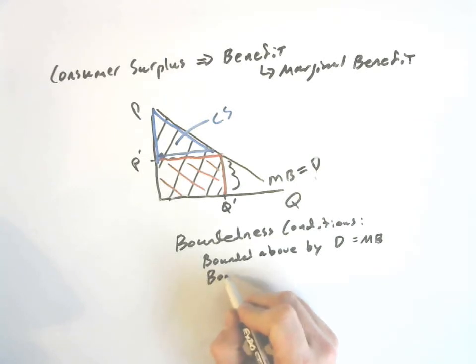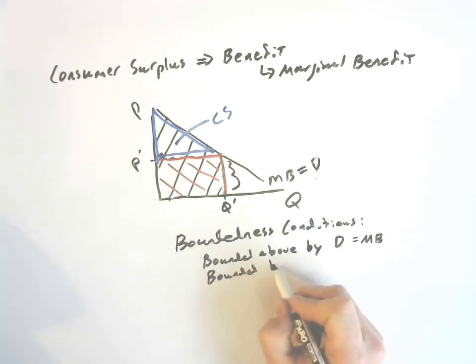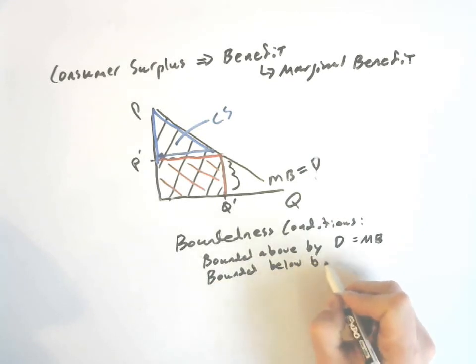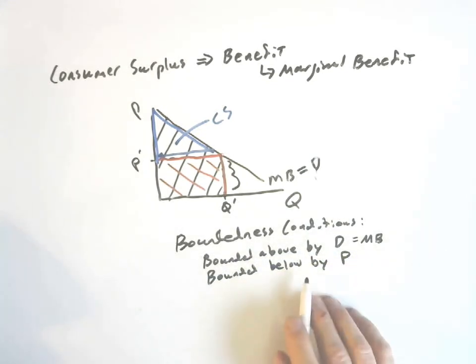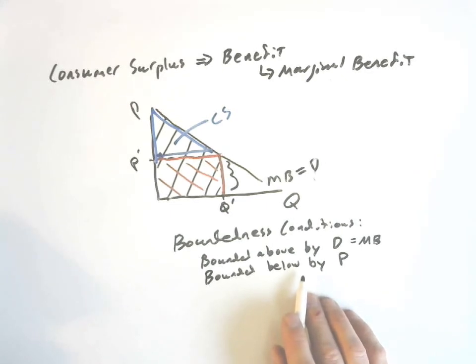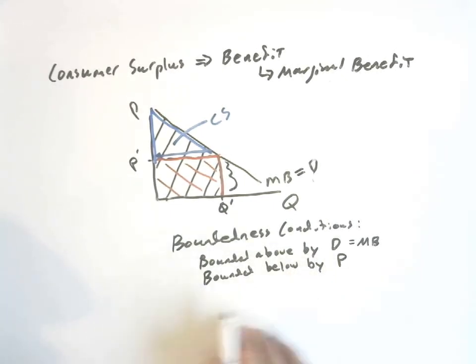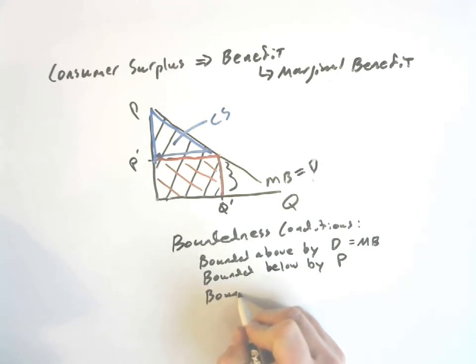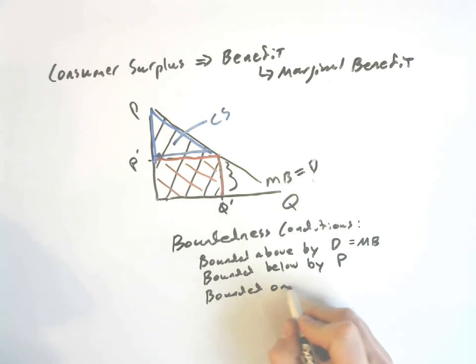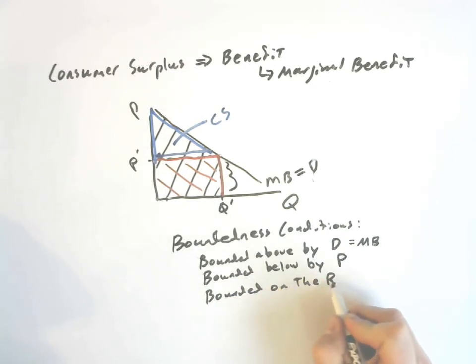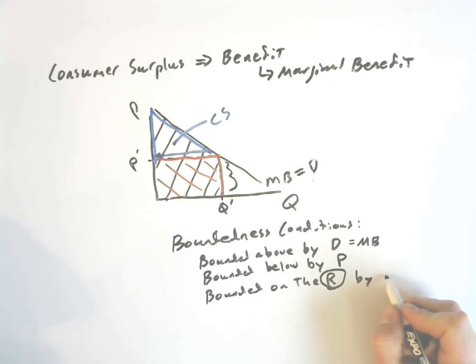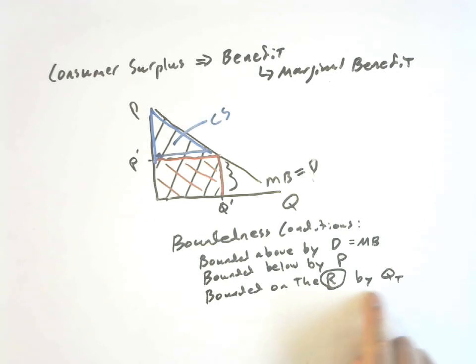It is bounded below by the price that the consumer has to pay for the product, the effective price the consumer has to pay for the product, and it's bounded on the right by the quantity traded. In other words, how much the consumer consumes of the product. So these are the boundedness conditions for consumer surplus.